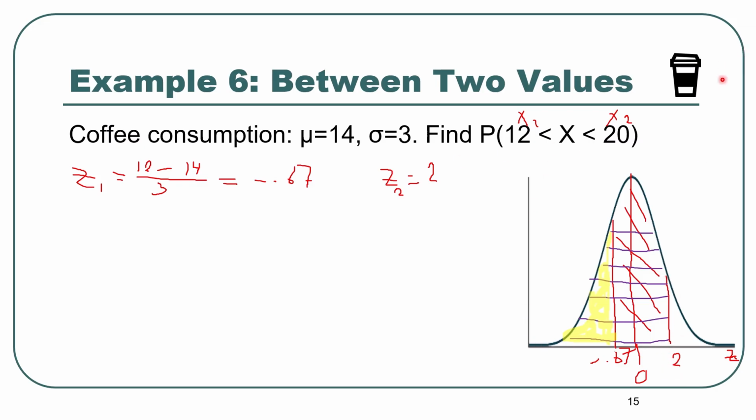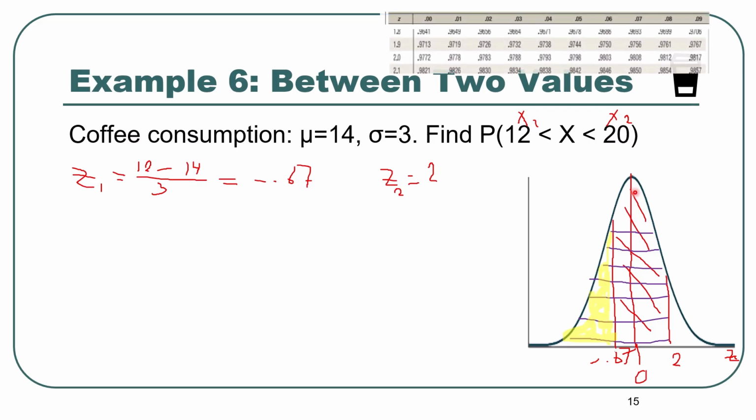So let's see what these values are. Here is part of my table, which is associated with the 2. Here is your 2, and I want 2.00. So my area associated with that one is that value.